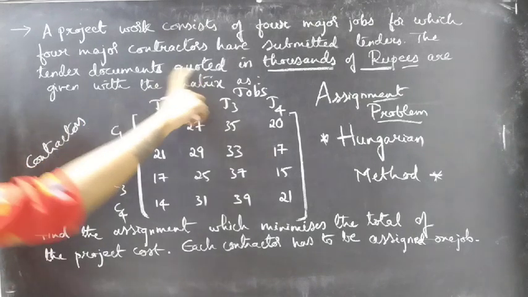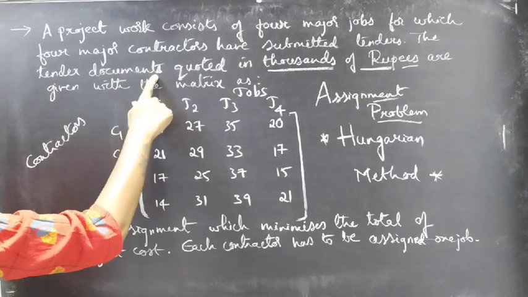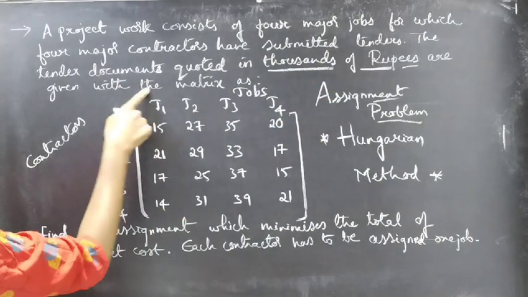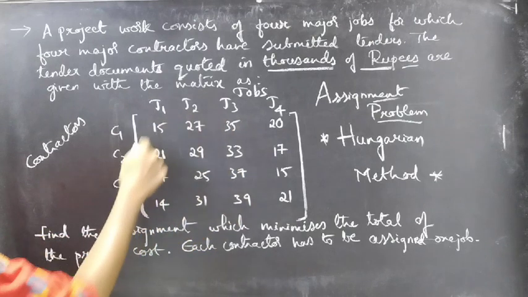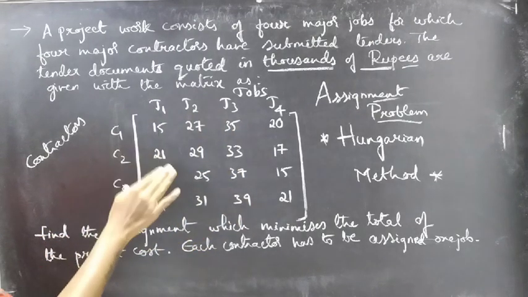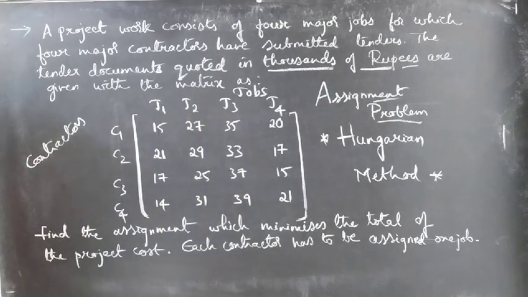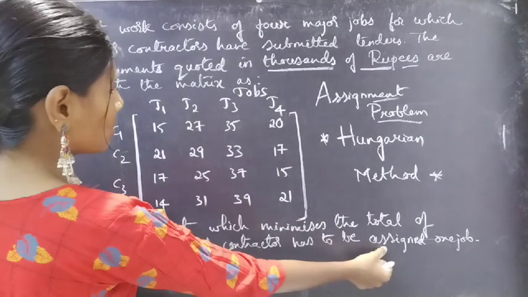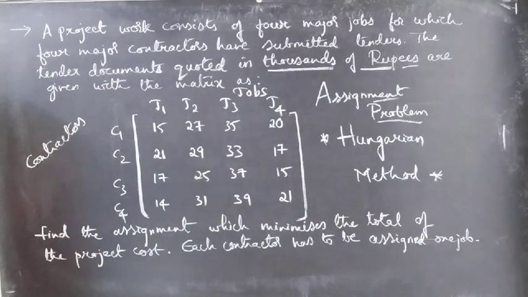The tender documents quoted in thousands of rupees are given with the matrix. So we are given a cost matrix. It is in thousands of rupees. Now coming to the problem, we have to observe that each contractor has to be assigned one job.